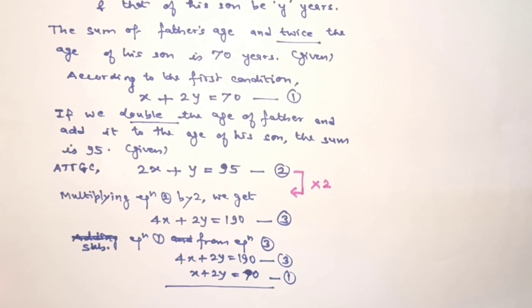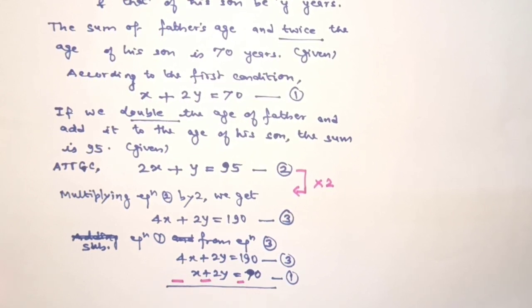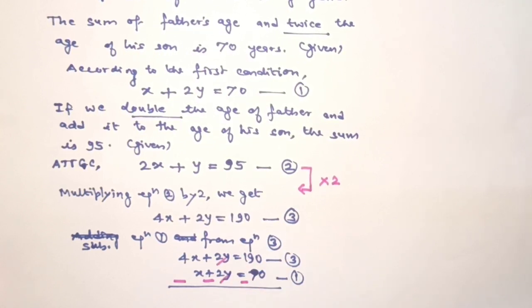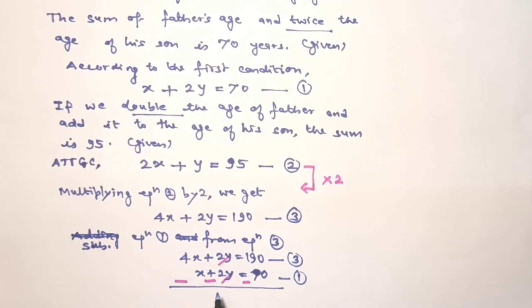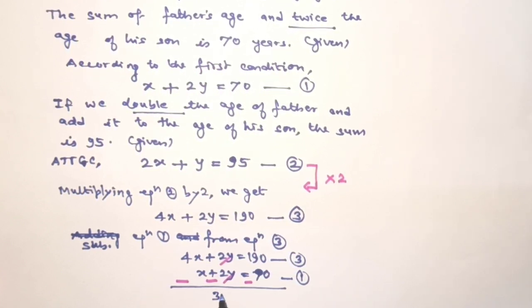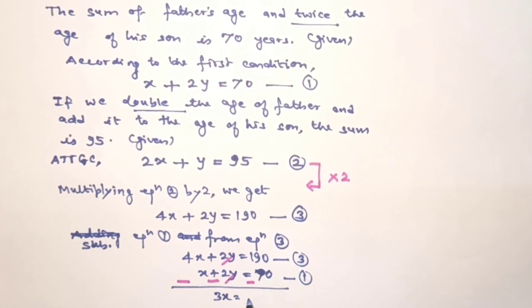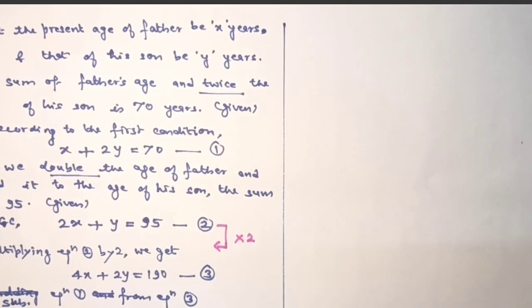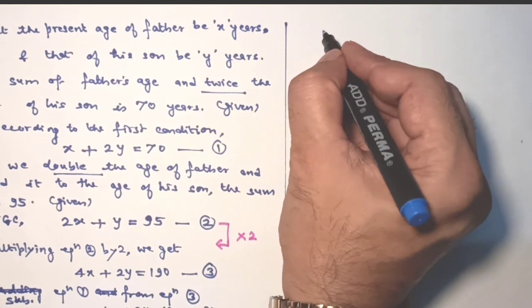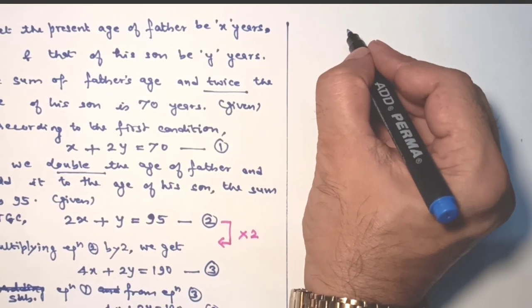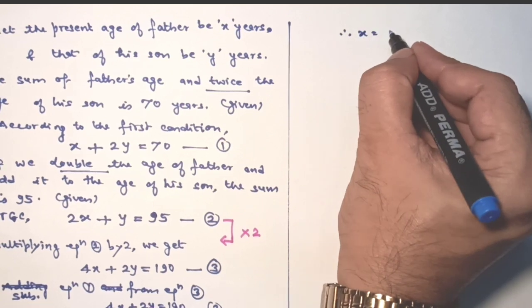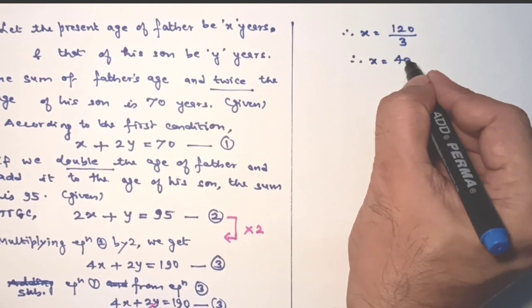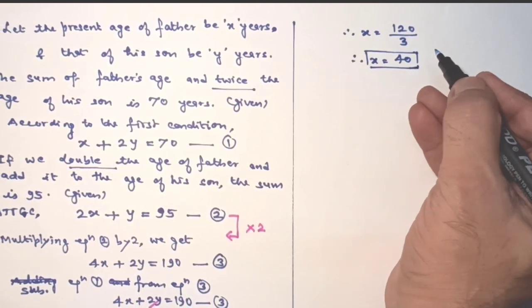When you subtract, you will change the sign, and after changing the sign you will subtract. So plus 2y and minus 2y gets cancelled. 4x minus x gives you 3x. 190 minus 70 gives you 120. Since 3x is equal to 120, therefore x is equal to 120 upon 3, therefore x is equal to 40. So you got x is equal to 40.